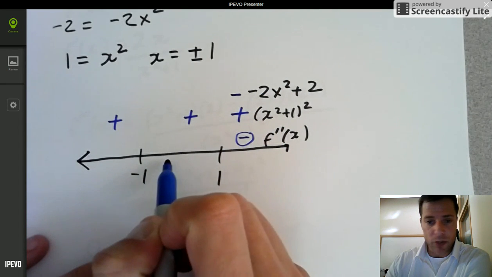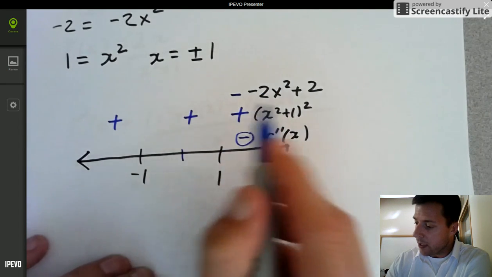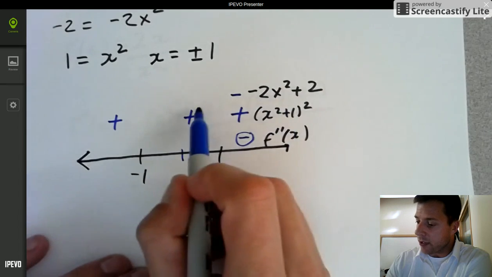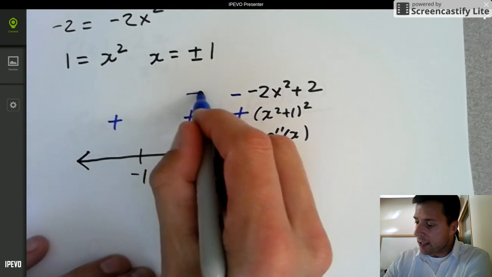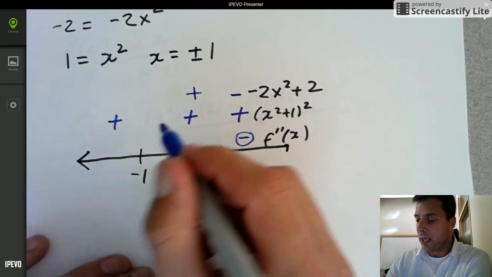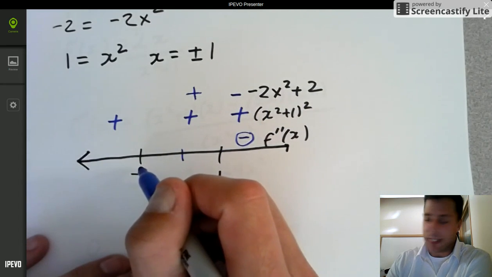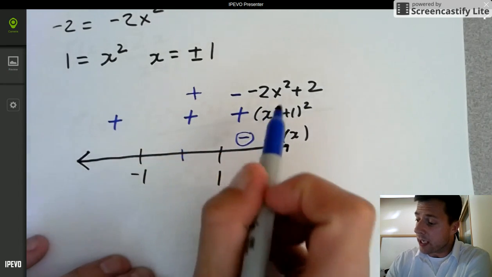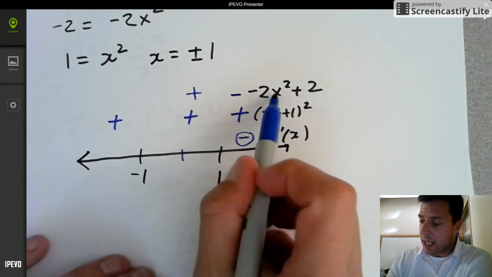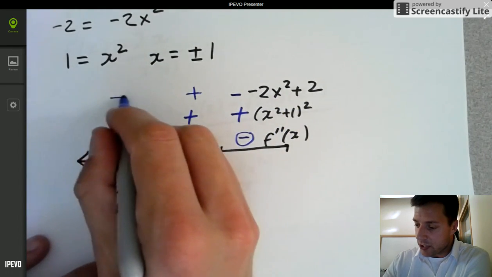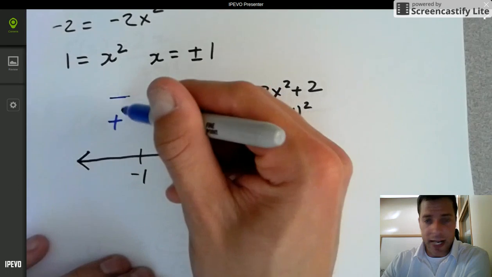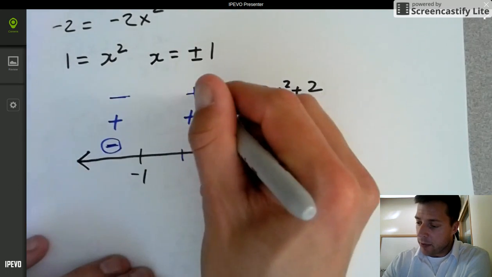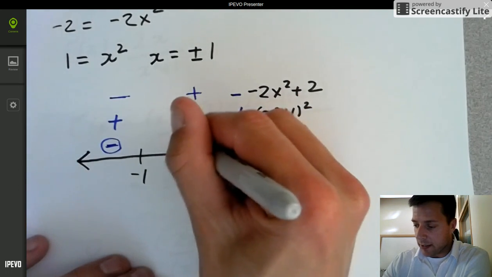If I pick a value between negative 1 and 1, like 0, if I plug 0 into the top function, I get something that's positive. And then if I pick a number less than negative 1, maybe negative 2, negative 3, negative 4, this is always going to be a negative plus 2, so this is actually negative. When I divide a negative and a positive, I get negative. When I divide two positives, I get a positive.